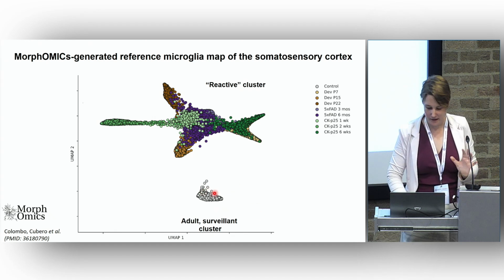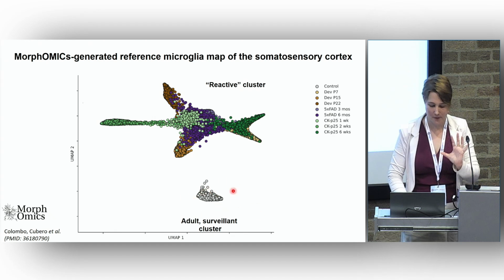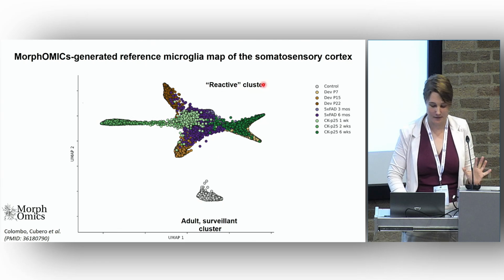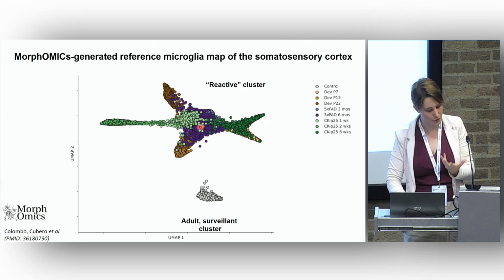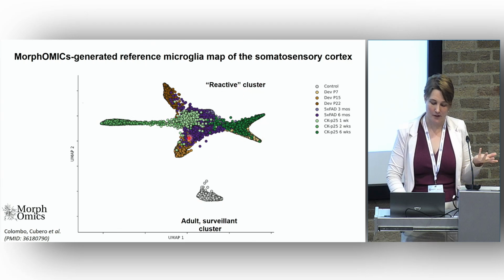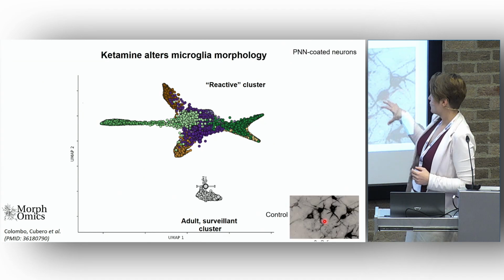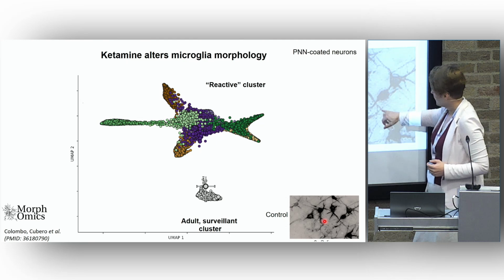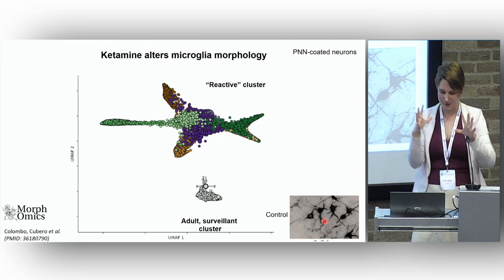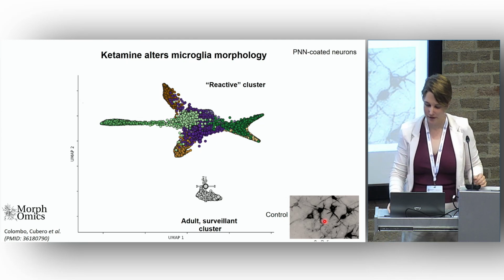This is the adult control microglia, and then here we have all the different conditions which I introduced to you, the development, the different Alzheimer models. And this is what the PNN looks like when you zoom in, where you see this mesh around the neurons.